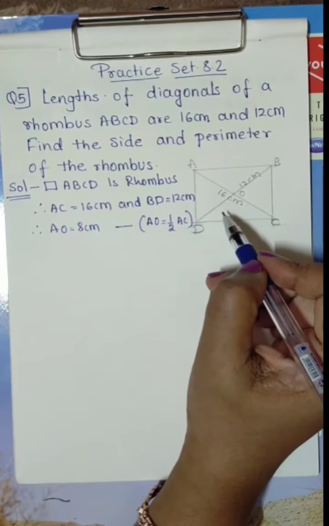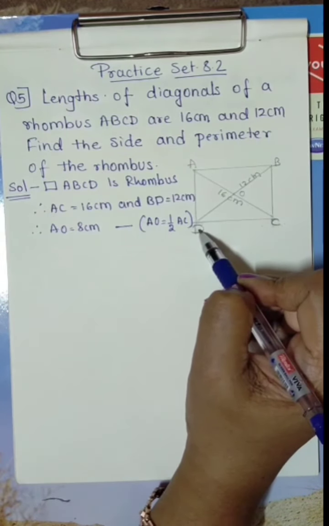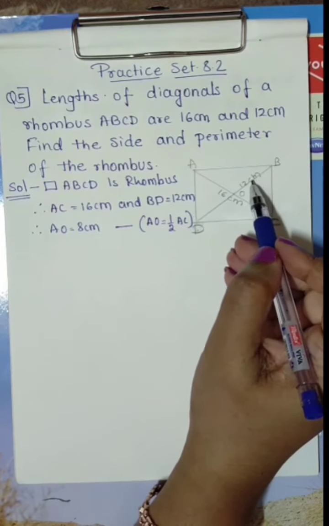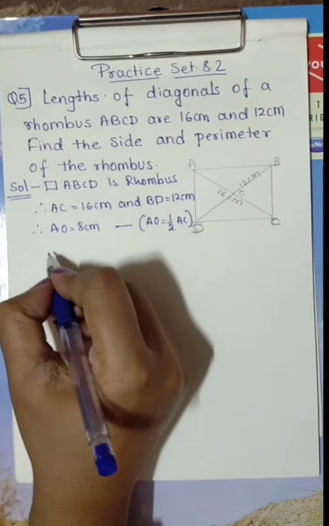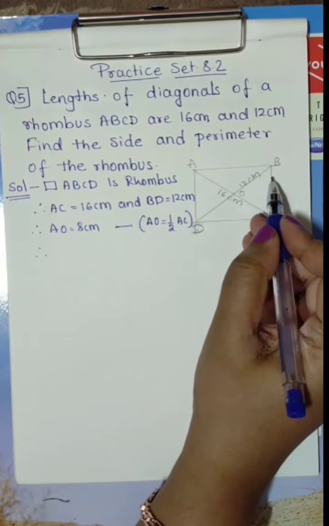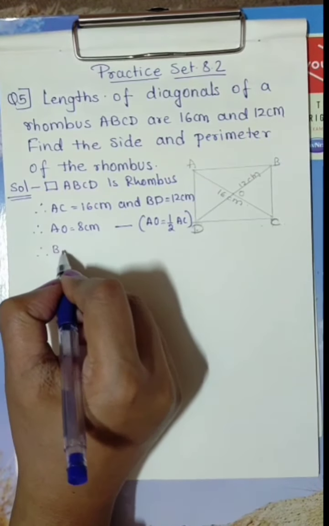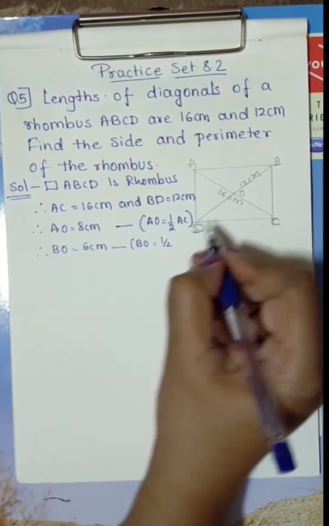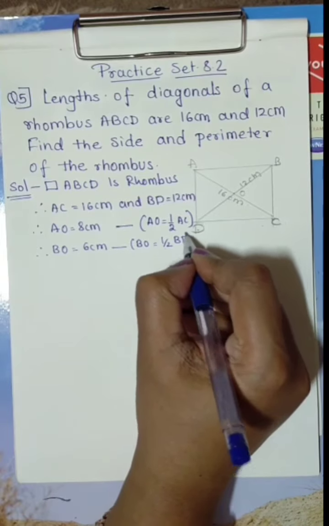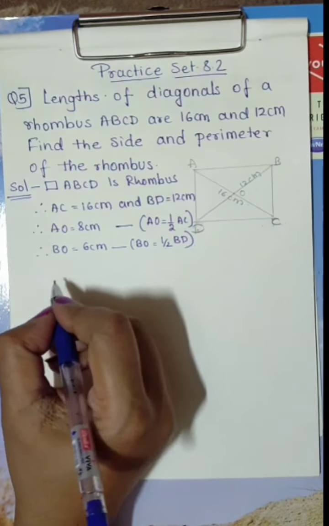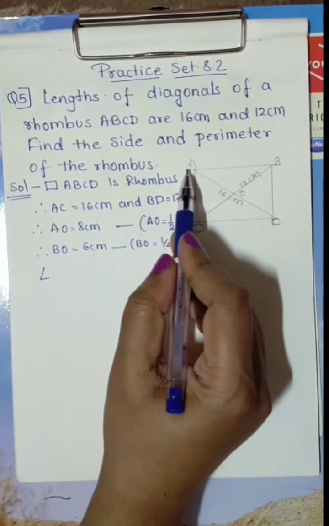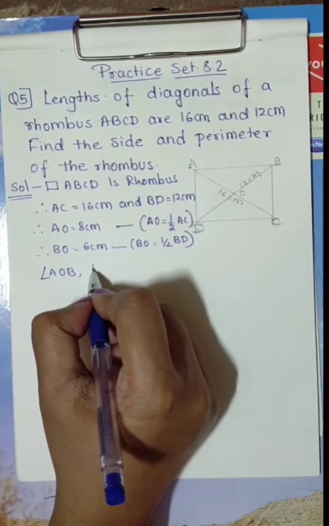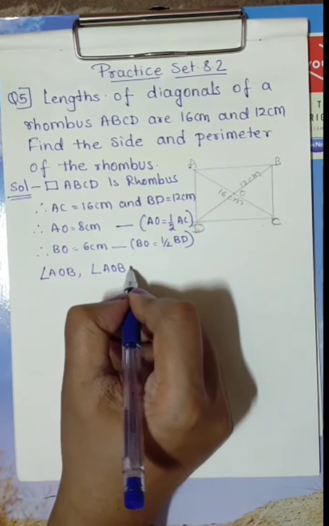Now here BD is 12 cm. Therefore BO is equal to 6 cm. Why? Because BO is equal to half of BD. I hope you understood. Next, angle AOB is equal to 90 degrees.